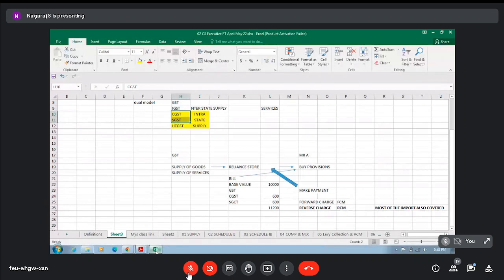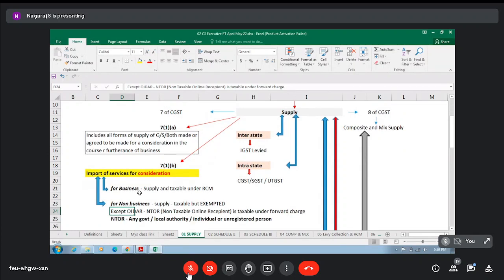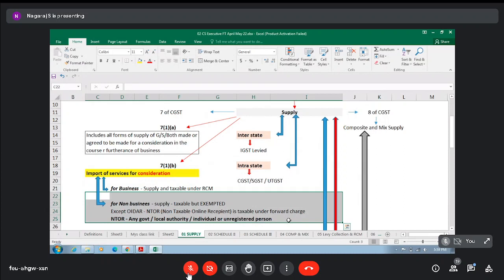Whatever we have seen, 2 questions minimum. In this chapter, 4 to 5 questions will come. Whatever we are learning here, especially in this part, they will ask the question. If not in this one, in the next part they will ask.